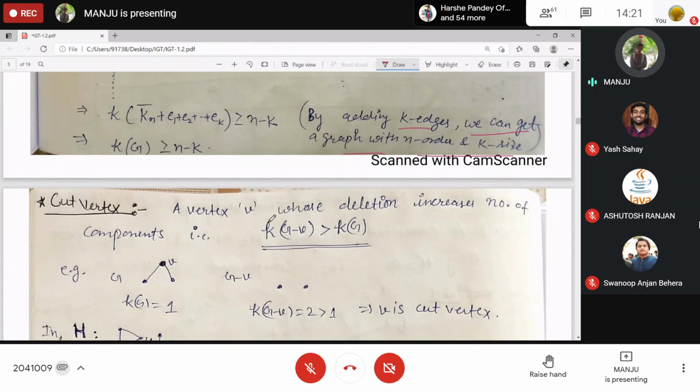Any vertex V of the graph G, if we delete that vertex, and it results in an increase in the number of components, is the cut vertex. If we cut out this vertex V from G, the number of components will be strictly greater than K of G, that is the number of components of G. Understood the definition?